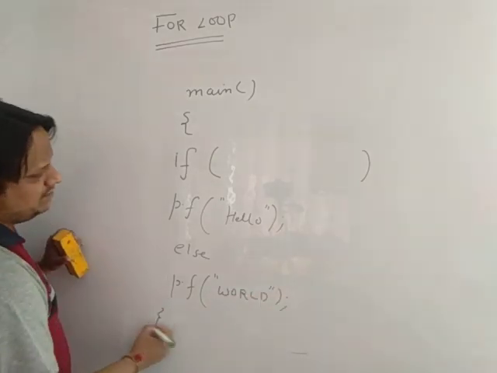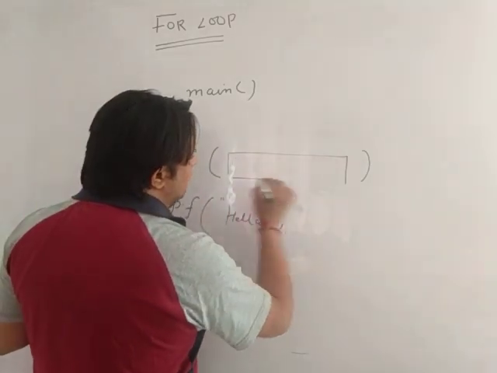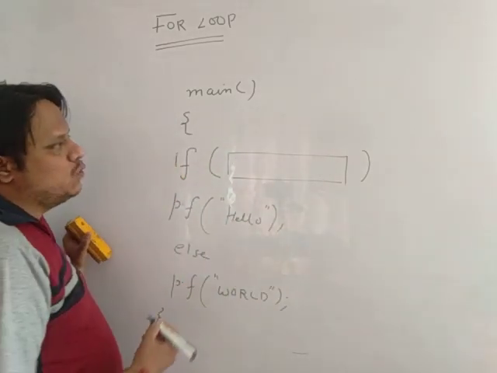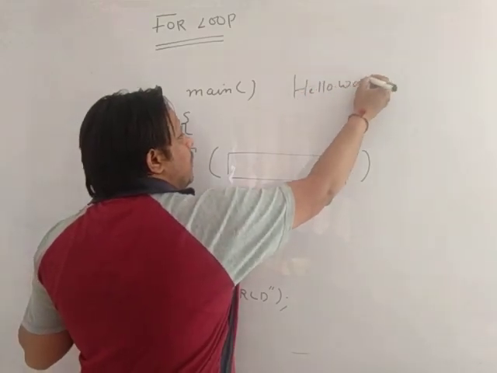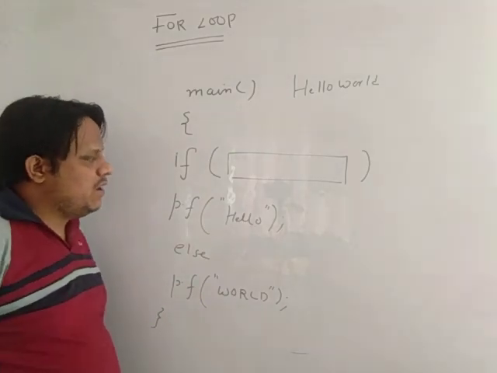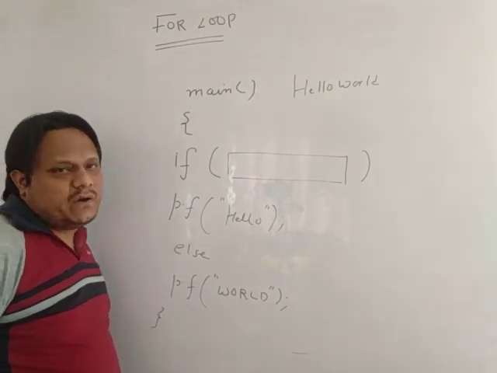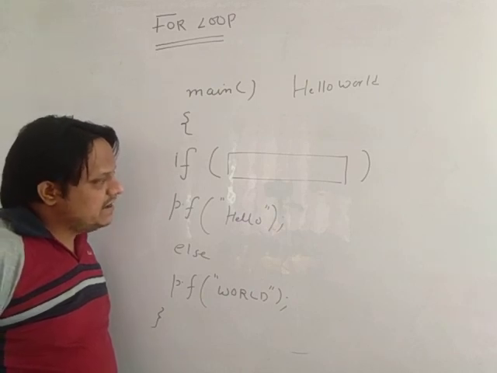You have to write a condition inside the if such that the output of this code snippet is hello world. I want the output as hello world. How can you write this? Because you will see that it is not possible.